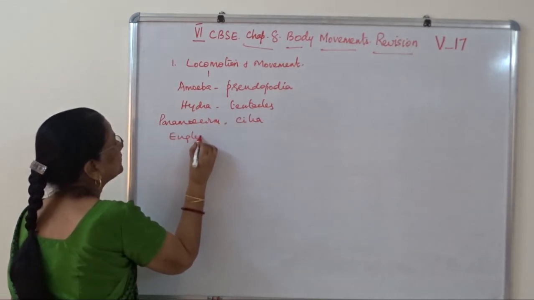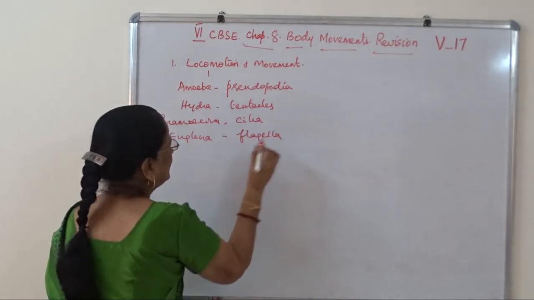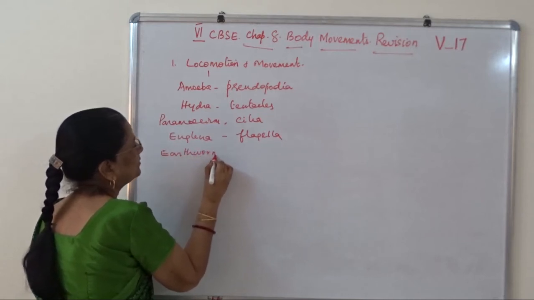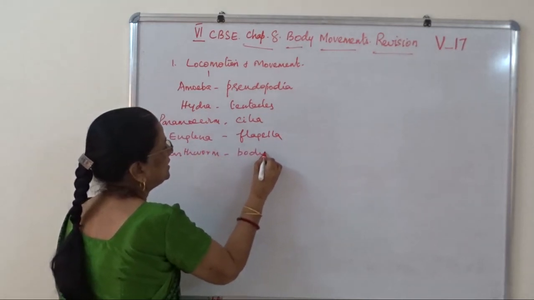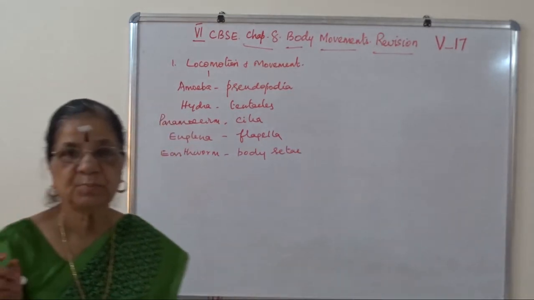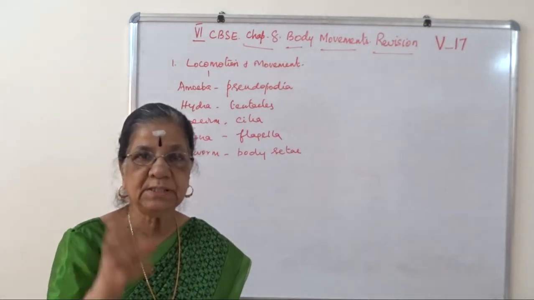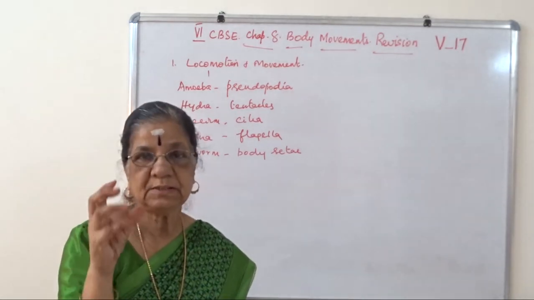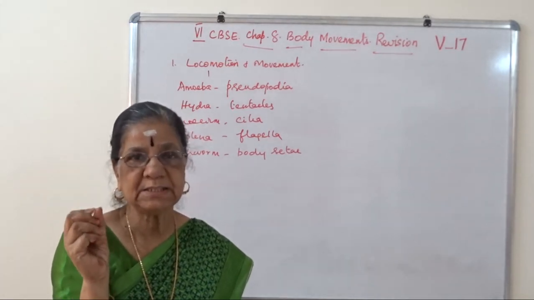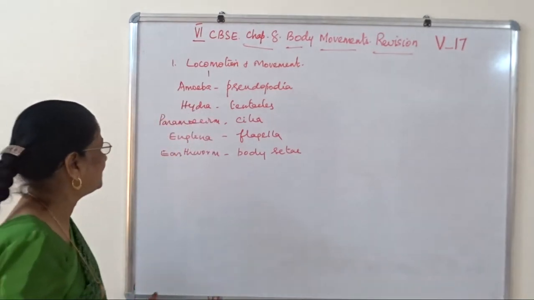Euglena, it is flagellum. Earthworm, it is called body setae. The earthworm is present in moist soil, so to get a grip of the soil surface, the body of the earthworm has bristle-like structures called setae.